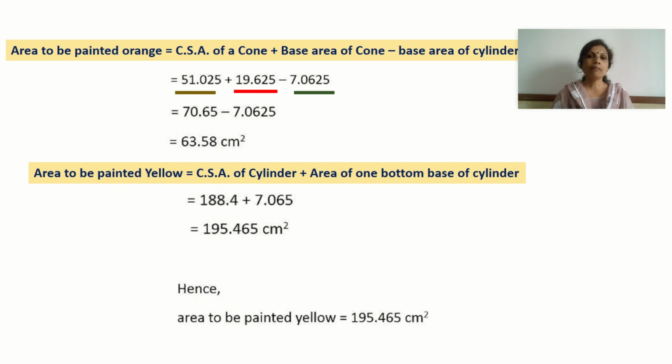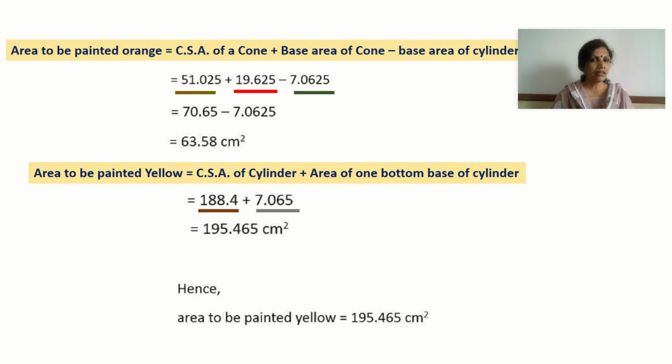Now area to be painted yellow in color, our formula is curved surface area of cylinder plus area of one bottom base of the cylinder. Just now we have calculated this. 188.4 is the curved surface area of cylinder plus area of one bottom base of cylinder is 7.065.